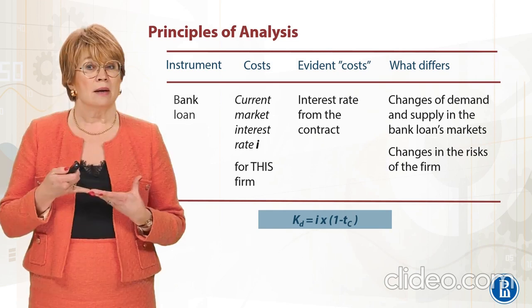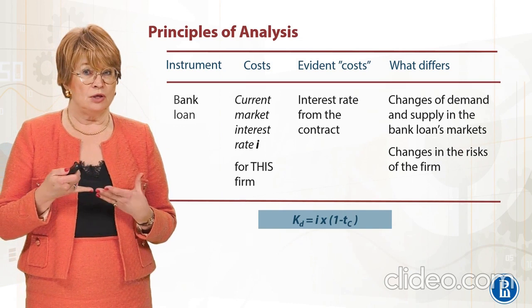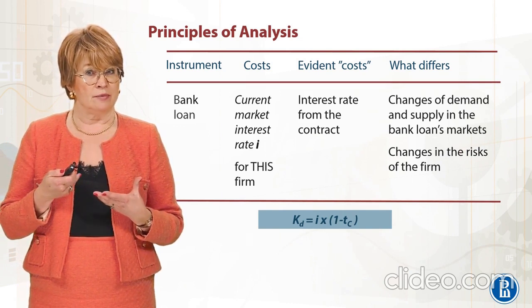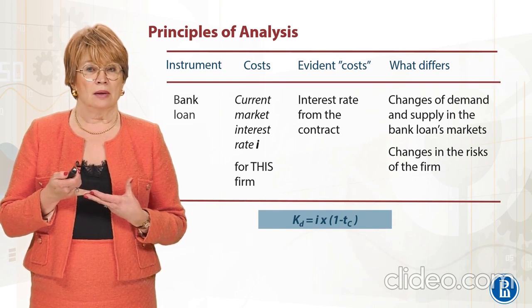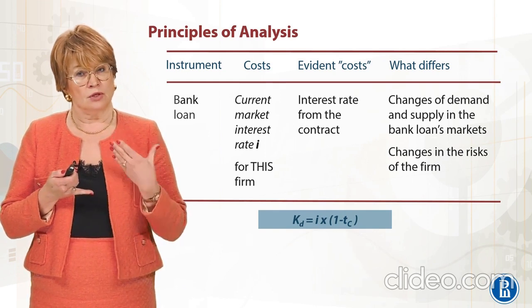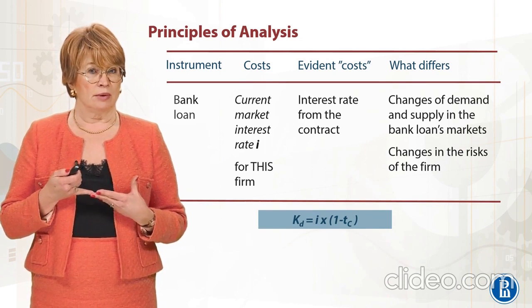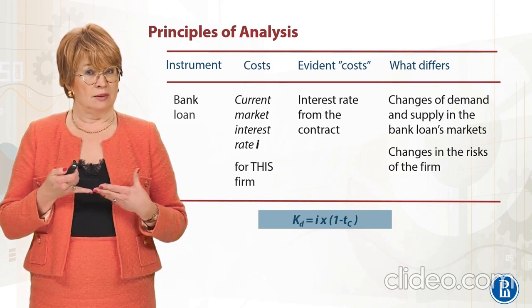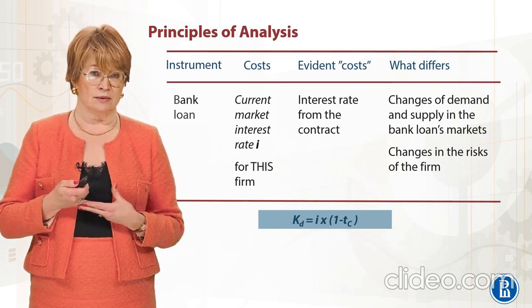Why? Because there would be, and there should be, some changes in the demand and supply for bank loans of that type in that market. And there would be some changes in the risk drivers of that borrowing company as compared to the period when the agreement with the bank was written and signed.